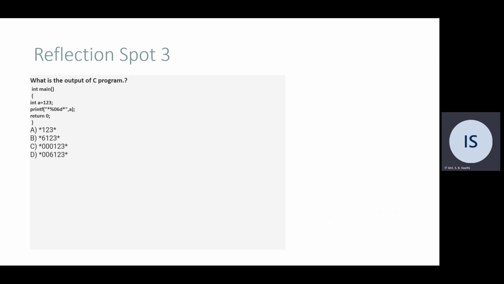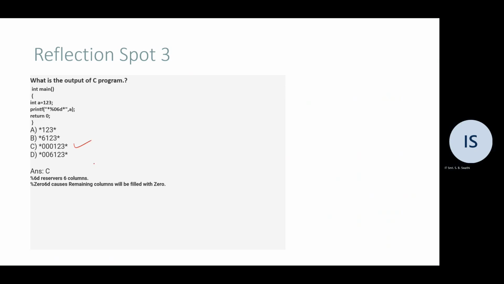So students, try to find out what is the output for this. So the answer is C. So this is like %wd.